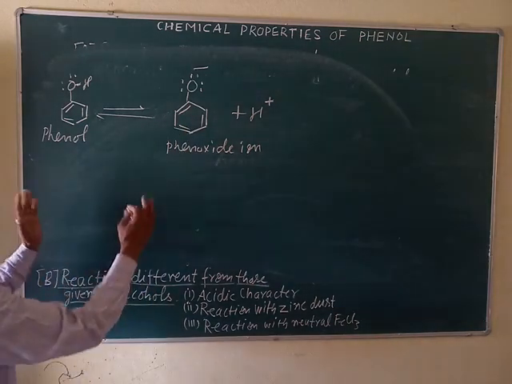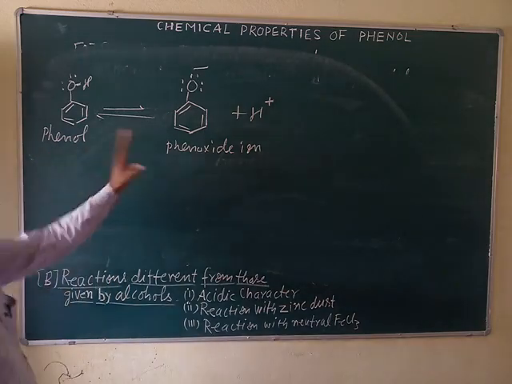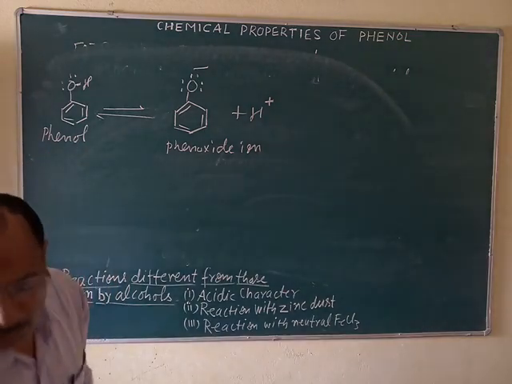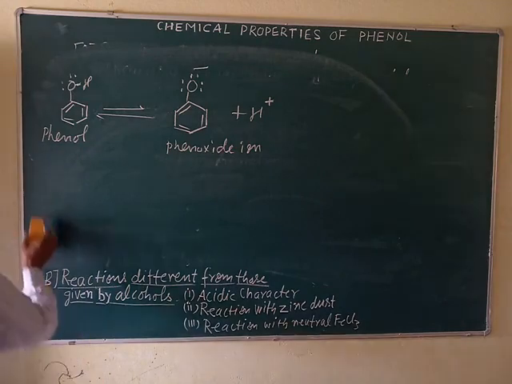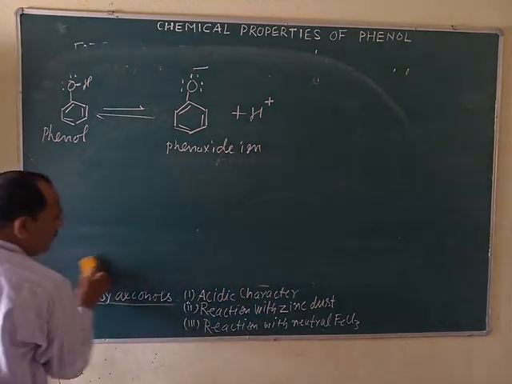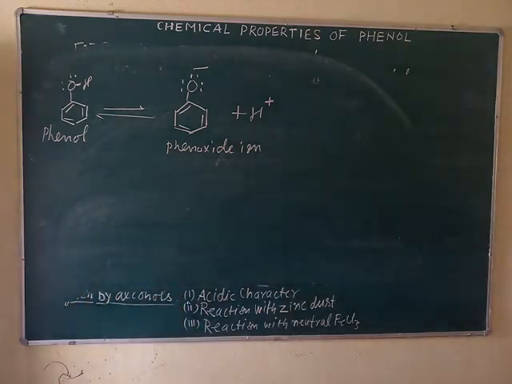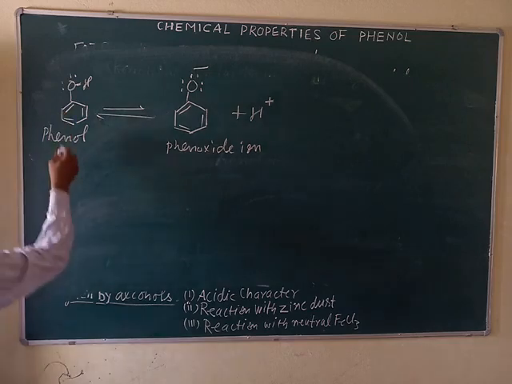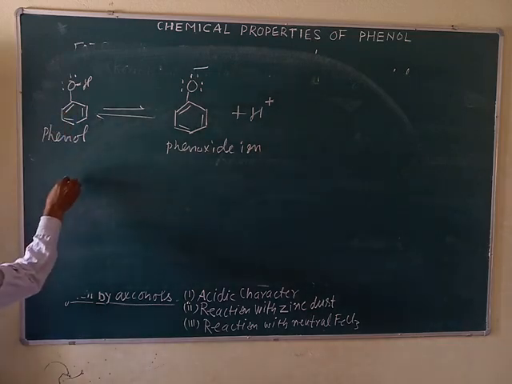Now compare the stability of phenol and phenoxide. How will you compare the stability of phenol and phenoxide? It can be compared by drawing the resonating structures. So first of all, draw the resonating structures of phenol.